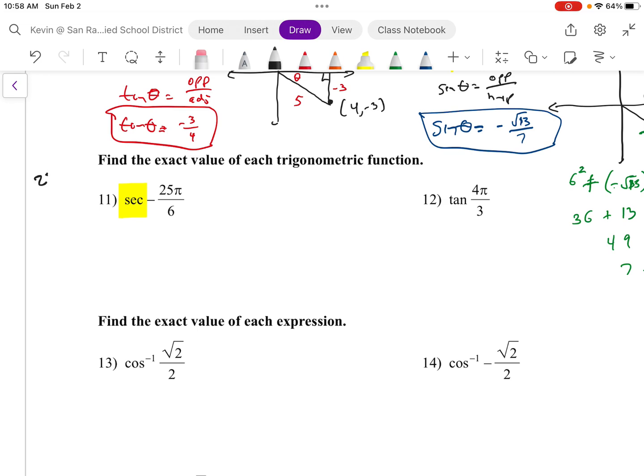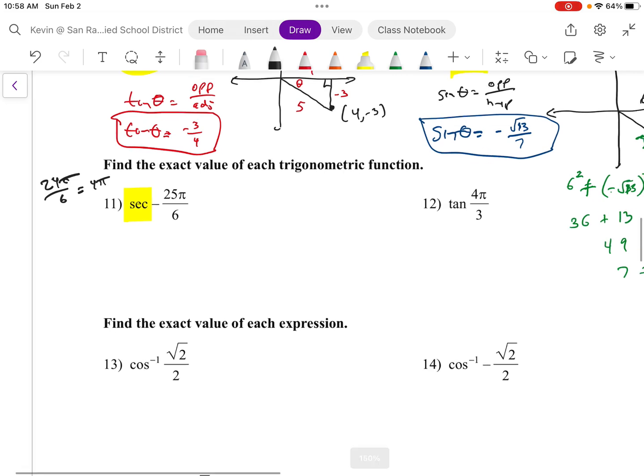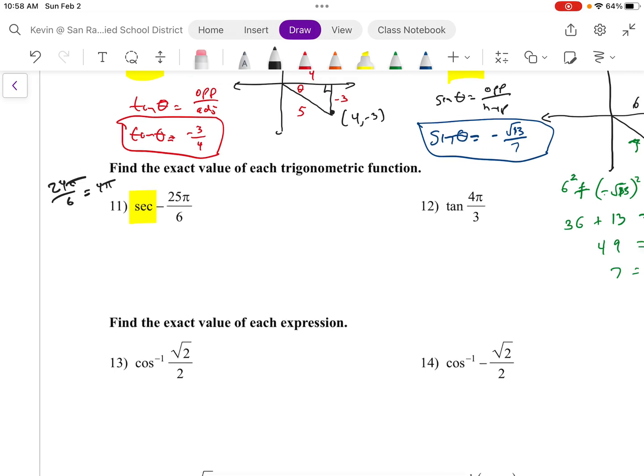So it's secant of -25 pi over 6. Let's think about this a little bit. 25 pi over 6, that equals 4 pi plus pi over 6. So if I took this and added 24 pi over 6, that would give me -pi over 6, which I can find on my unit circle, right?